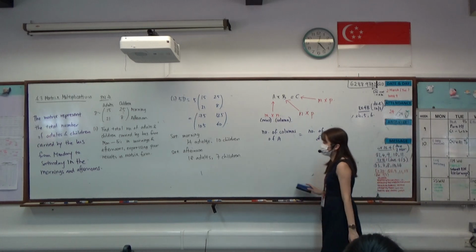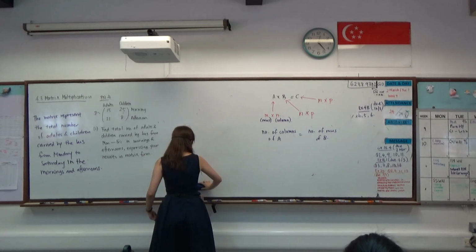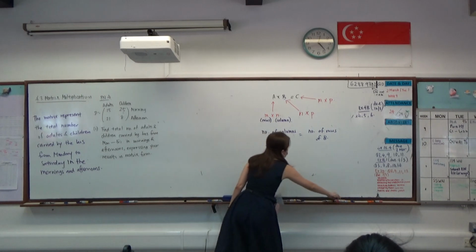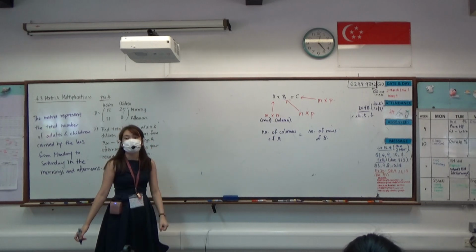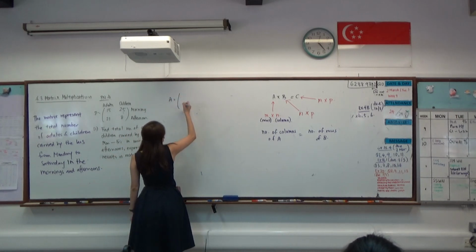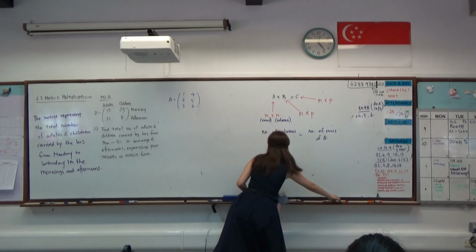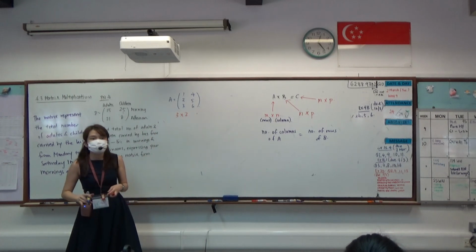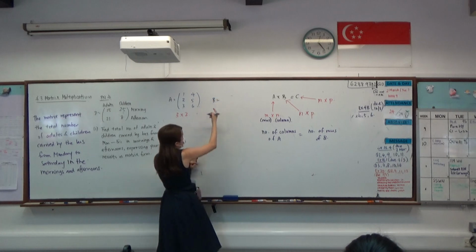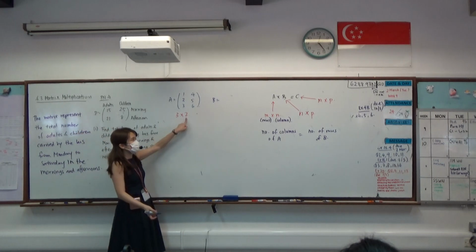Okay, so example. Let's say I have a 3 by 2 matrix A: 1, 2, 3, 4, 5, 6. So this is a 3 by 2 matrix. The matrix B that we are going to take to multiply A must have 2 rows.